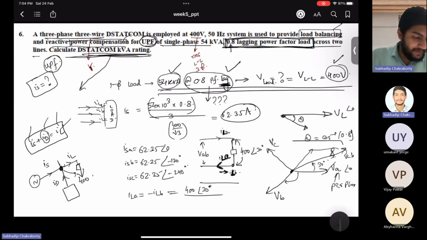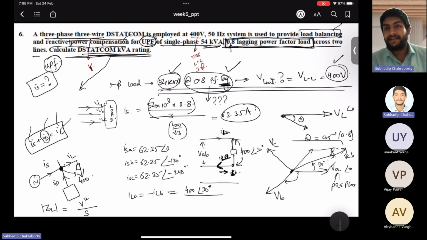The load impedance you need to calculate. So how will we calculate ZL? It is nothing but V square by S. What is S? 54. And what is the angle? The angle you need to calculate the ZL angle. V square by S is the mod of ZL, agreed.